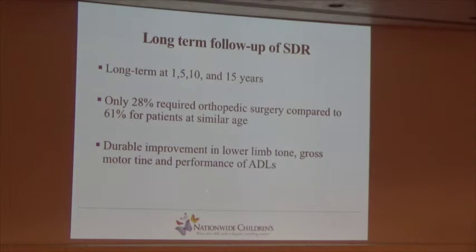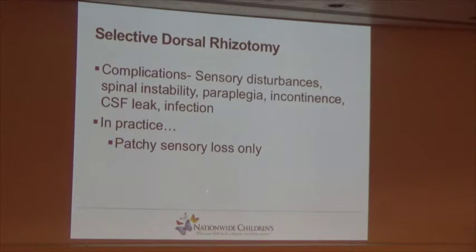Long-term benefits: there are several long-term studies out there on selective dorsal rhizotomies, obviously coming a lot from St. Louis. They show there is less orthopedic surgery needed. There's also durable improvement in lower limb tone, gross motor function, and performance of ADLs, leading some to suggest that this is a long-term surgical procedure that can benefit patients up into early adulthood.